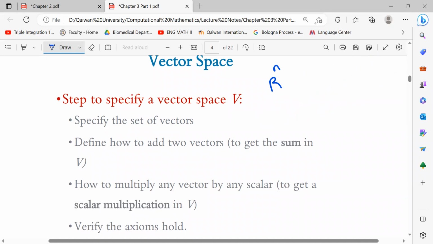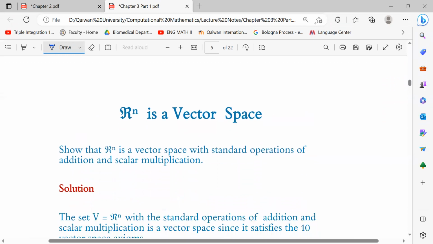But if it's not known, the definition for addition and multiplication should be given. Scalar multiplication should be given. So the definition of addition, for example, adding two vectors, should be given. And also multiplication of a scalar by a vector should be given. But these two definitions must be given, then we can apply the axioms.